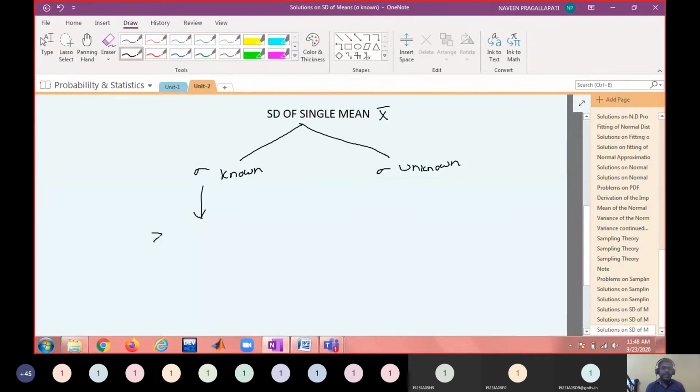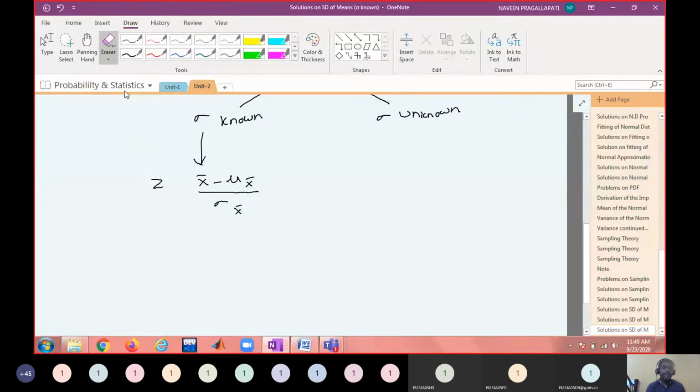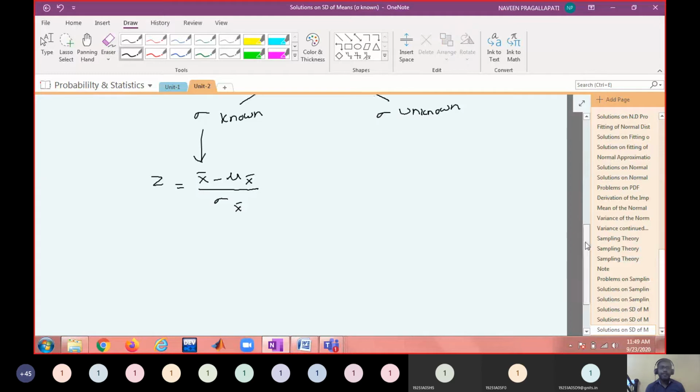You take z equal to x bar minus mu x bar by sigma x bar. What is sigma x bar?